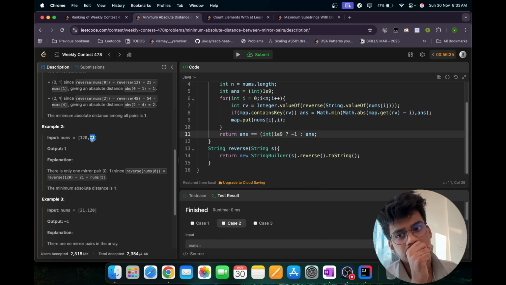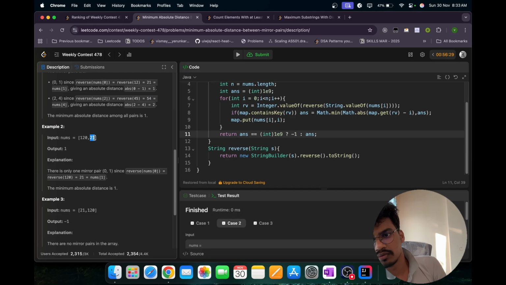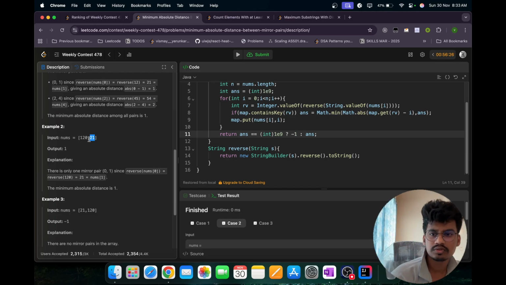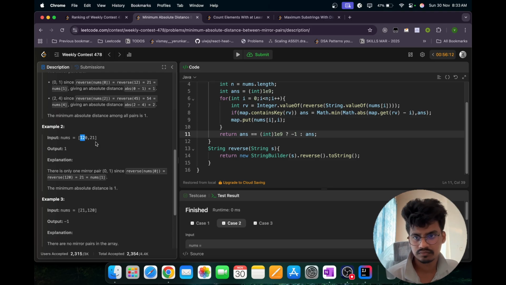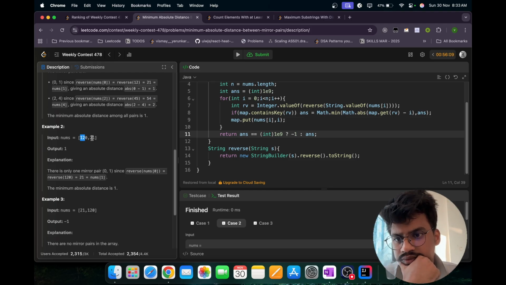Okay, for this, the reverse was this. For this it is not its reverse because we have a 0 here, but for this the reverse of this is still equal to 21, so that's why we got an answer here but not here.